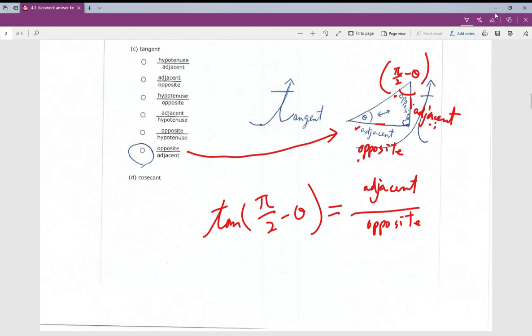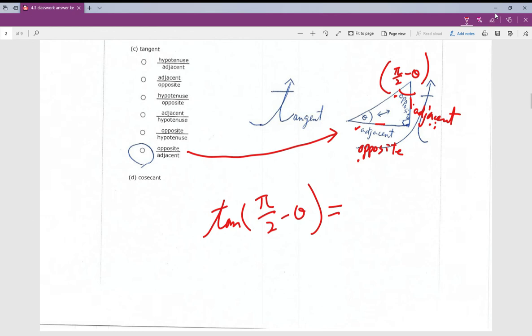Let me use the right color so it won't confuse you. If the reference angle is this angle, then the opposite is over here.